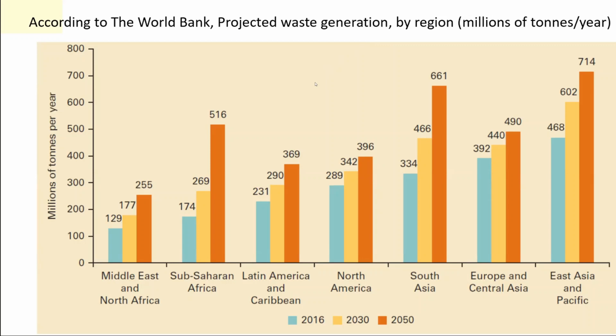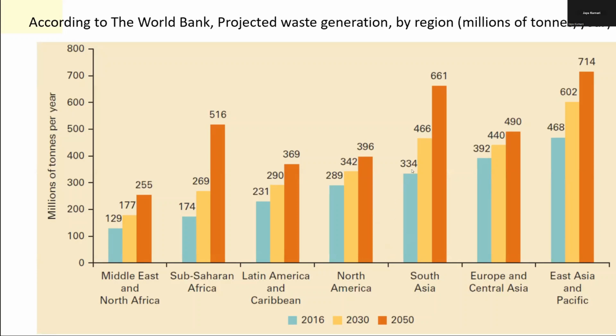On the y-axis, you can see millions of tons per year of waste. In 2016, East Asia and Pacific has the highest waste, 468. This is the chart, and the lowest is Middle East and North Africa, and we are all in South Asia.